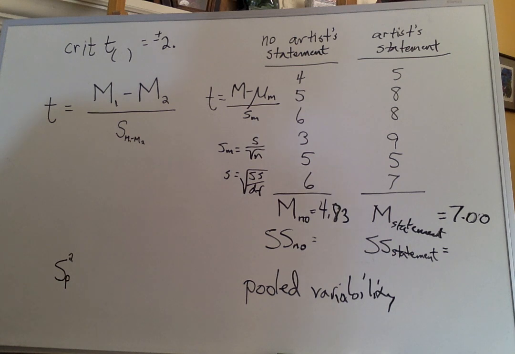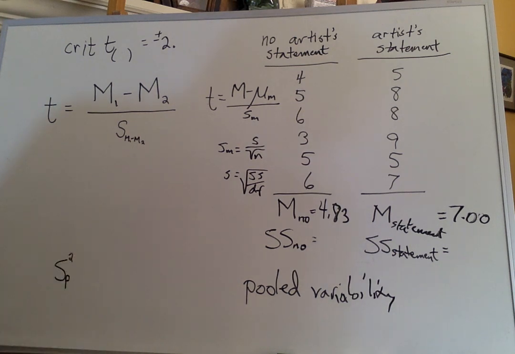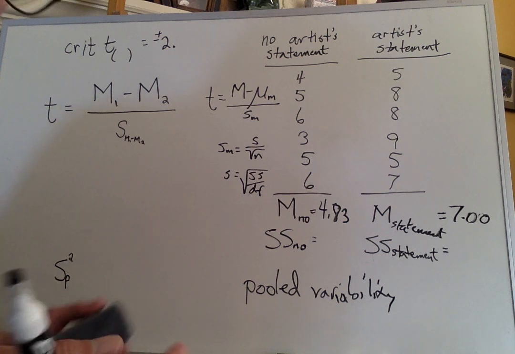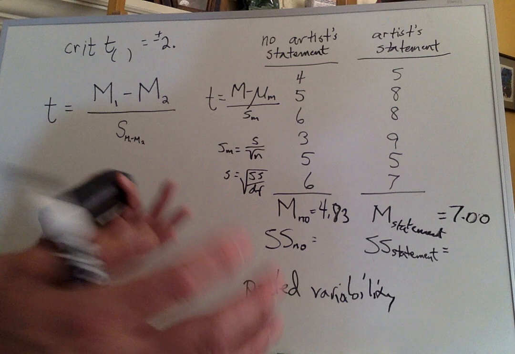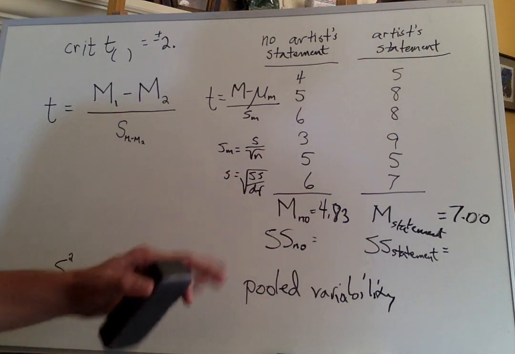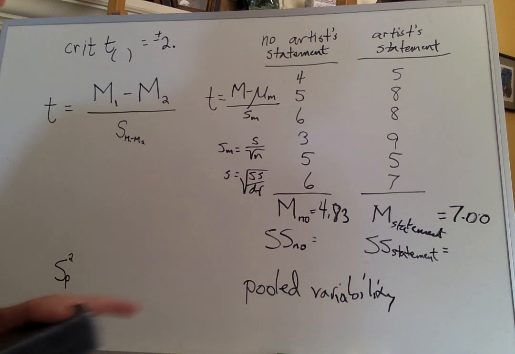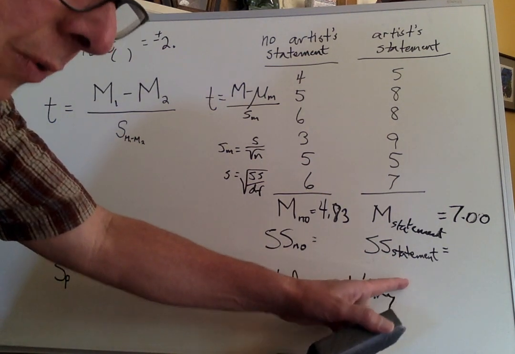That's going to be our start. And we're going to pool that together. It's just like if we pooled our money together to buy beer or something like that, right? If we pooled our money together, we're putting everybody's money together, right? This is pooled variability. What is it pooled from? It's pooled from two groups, okay?